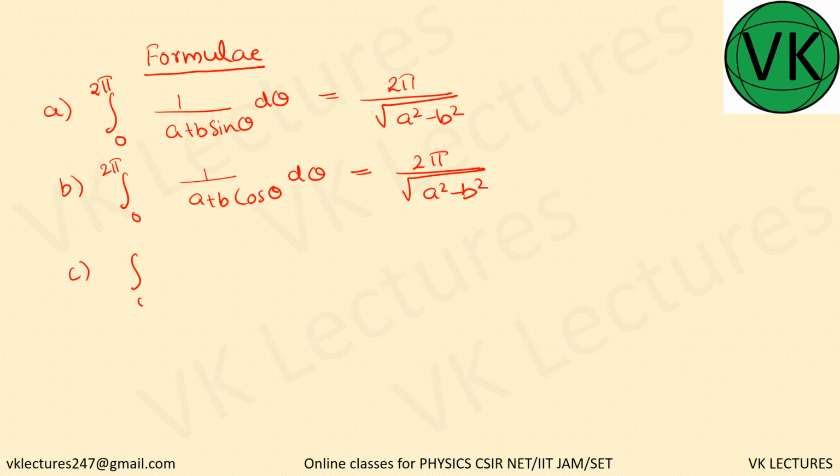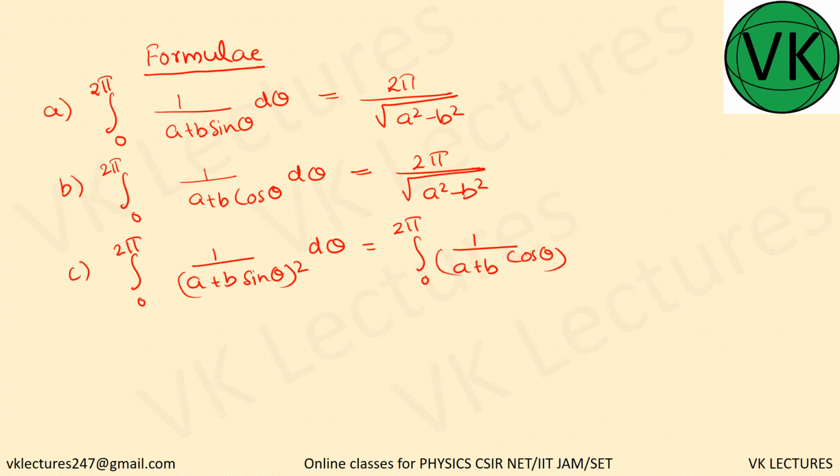See, integral 0 to 2 pi 1 by a plus b sin theta whole square d theta is equal to integral 0 to 2 pi 1 by a plus b cos theta whole square d theta.